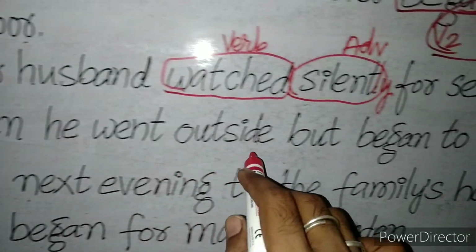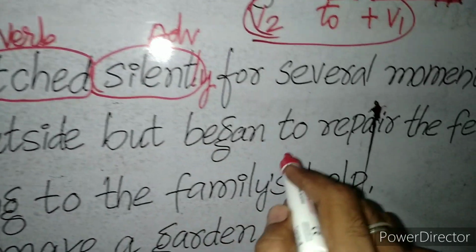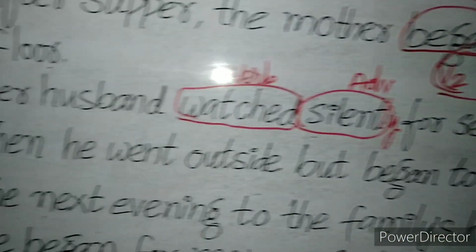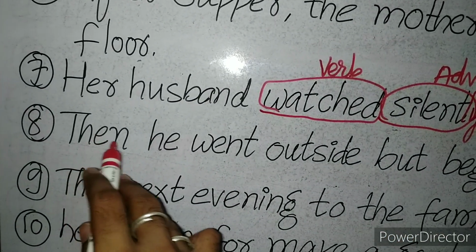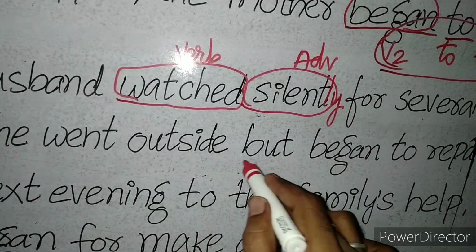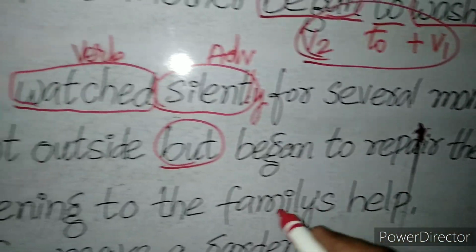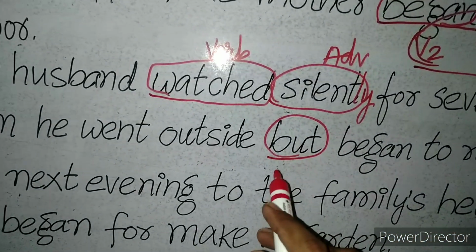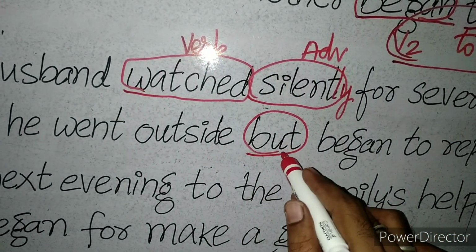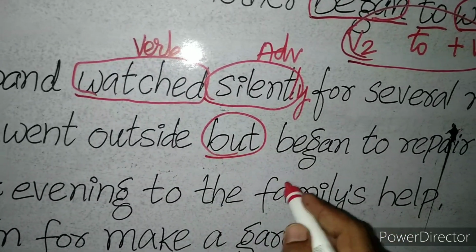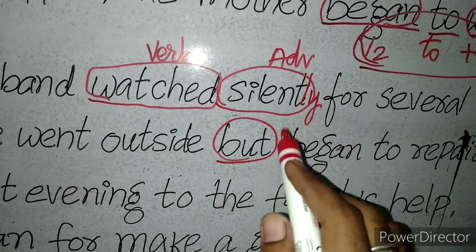Then he went outside but began to repair the fence. Okay? Now listen to me. Then he went outside. He went outside but began to repair the fence. I told you in the class that when we use but, if one sentence is positive and the second sentence is negative, then we use but.